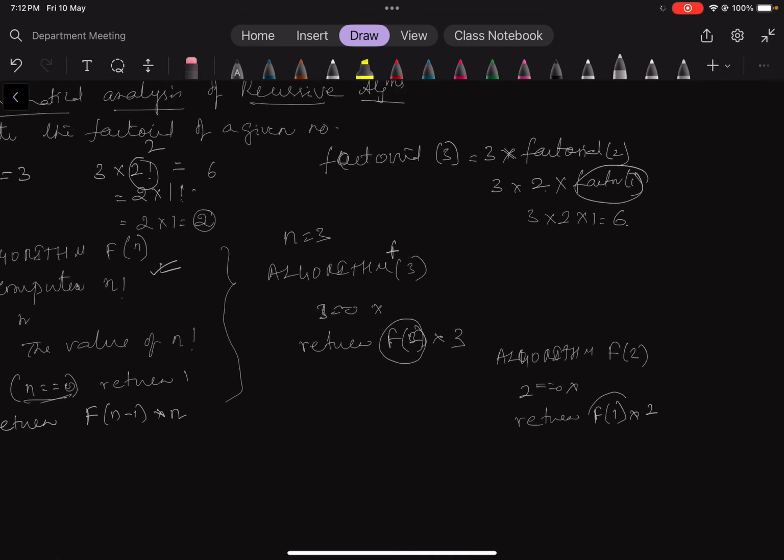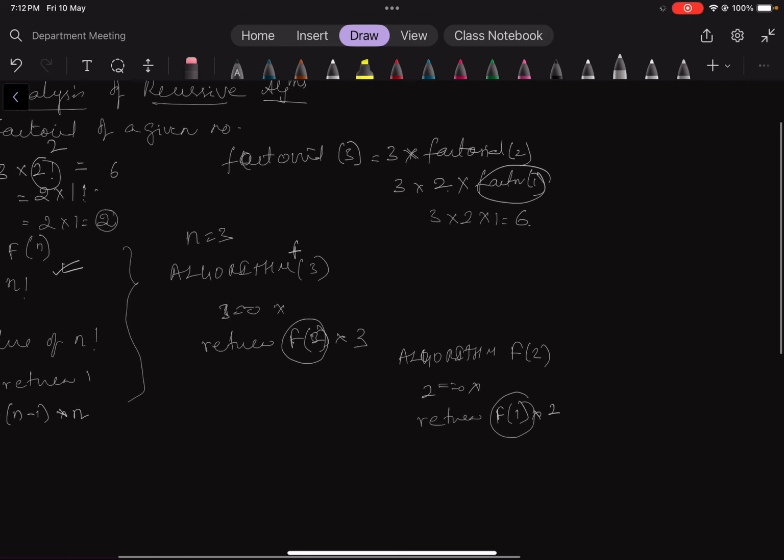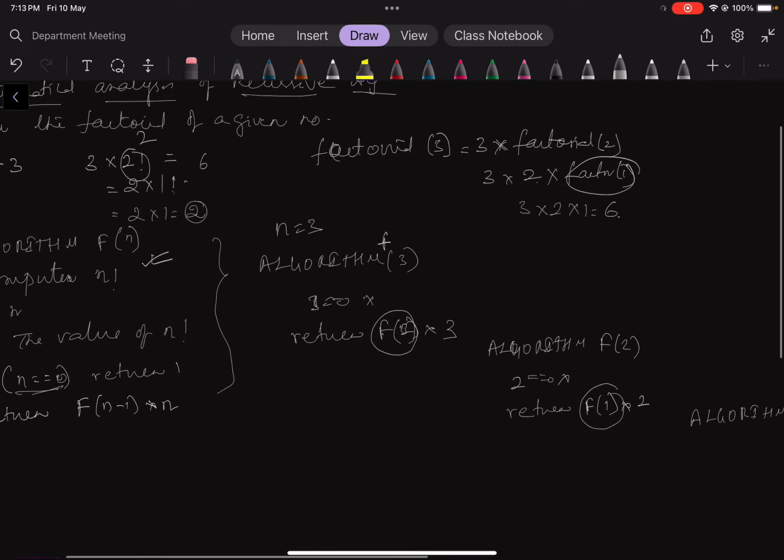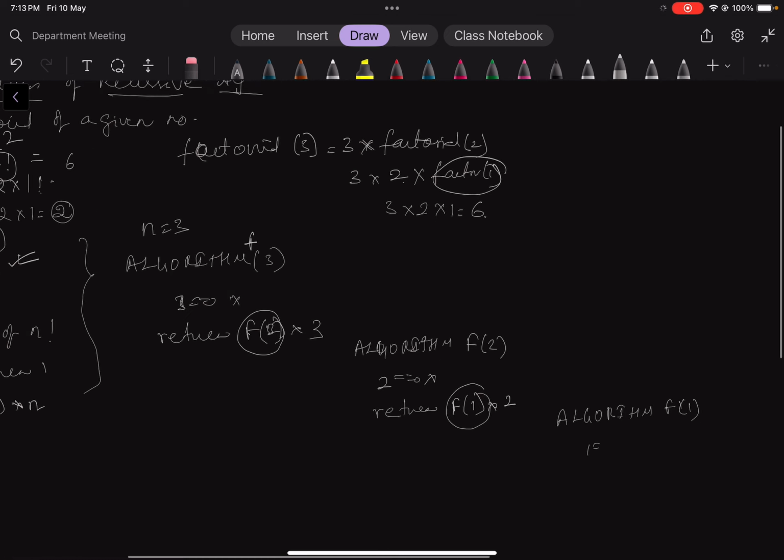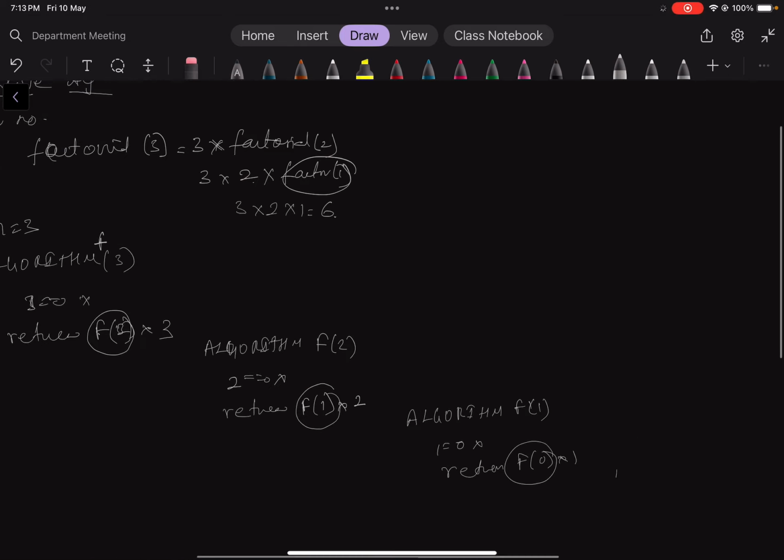Again this is a function call, so it goes to the starting of the function again, that means algorithm f of 1. Is 1 equal to 0? No, then it becomes return f of 0 multiplied by 1.